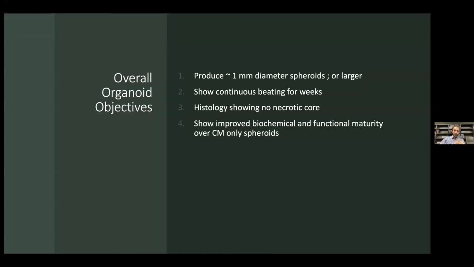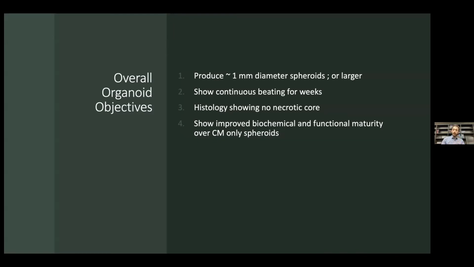So our overall objective for this specific project was not as much to go and do all those downstream works, but really to create this tool, this initial application of these organoids. And so our goal really was to get to the size, moving from that 200 to 300 micron spheroid to combining them to produce a larger diameter organoid.